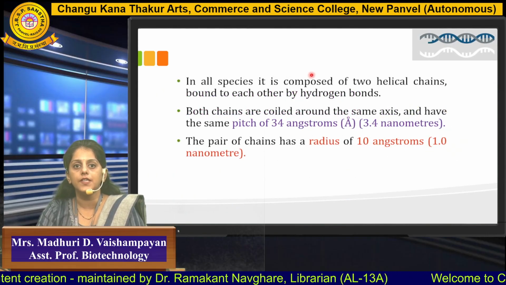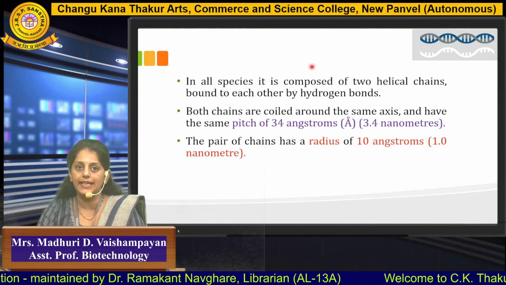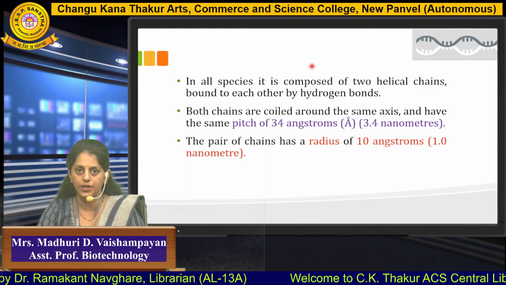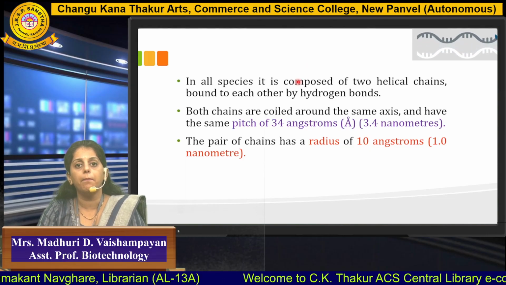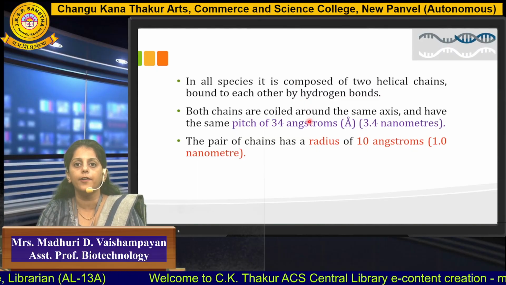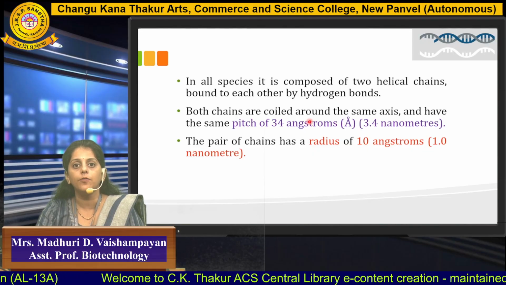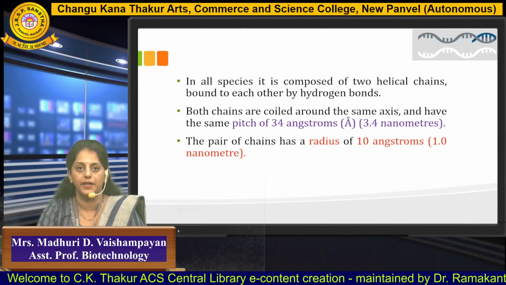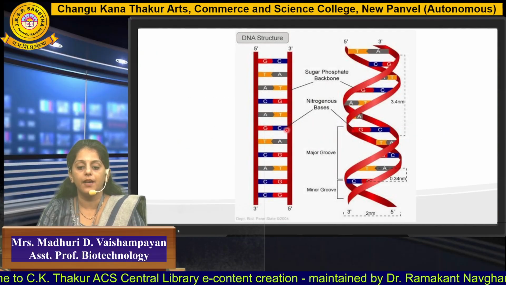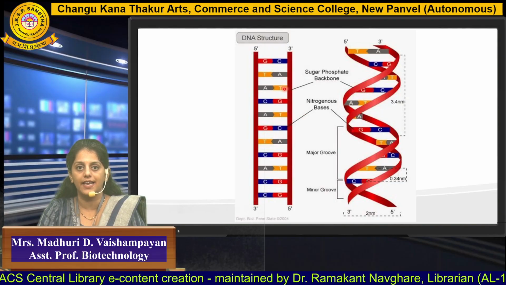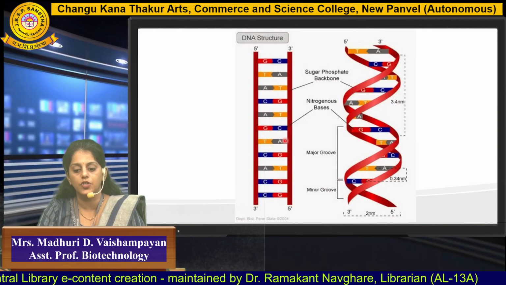In all species, it is composed of two helical chains which are bound to each other with the help of hydrogen bonds. Now, if we consider the pitch of your DNA molecule, it is 34 Angstrom units or 3.4 nanometers, and the pair of chains has a radius of 10 Angstrom or 1.0 nanometer. Now, this is the diagrammatic representation of the DNA structure. These are the two strands. These are the complementary base pairs which are present.